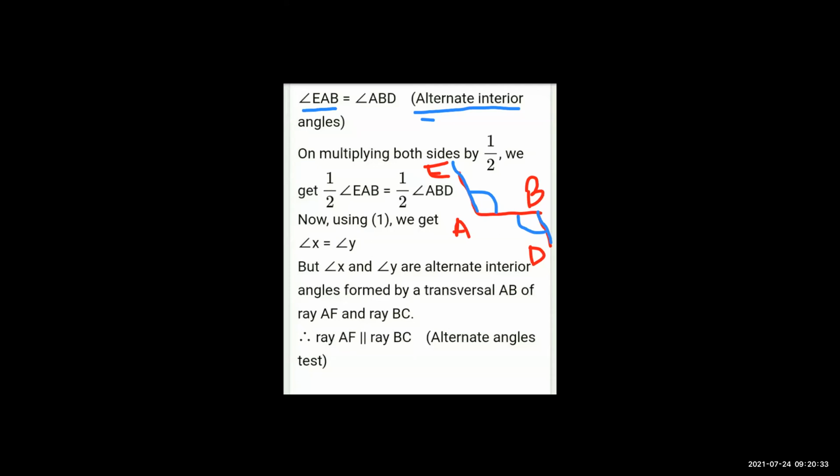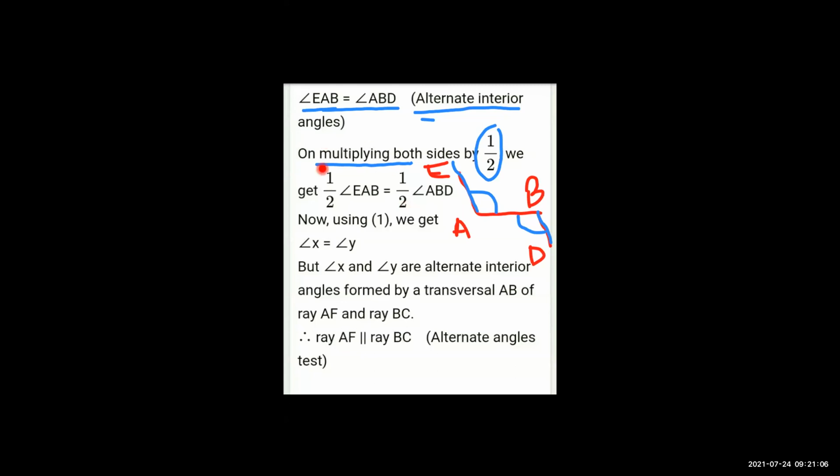Now, what was the equation? To this equation, multiply both sides by half. So what will be the step? Half of EAB equal to half of ABD.